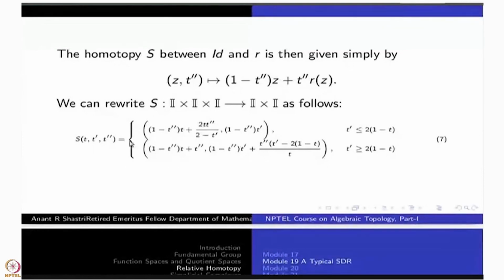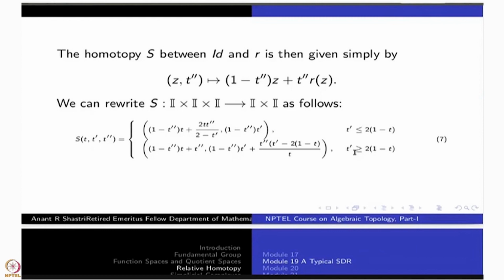That is why I have written this formula fully in terms of t, t prime, and t double prime. If I write it otherwise, it's not clear what happens. If t is 0, this is the formula which is valid; the other case will not come at all.